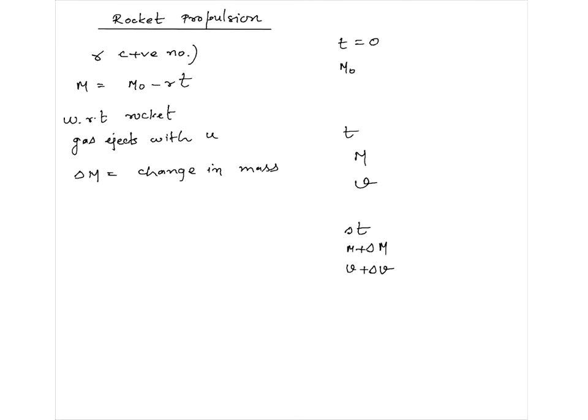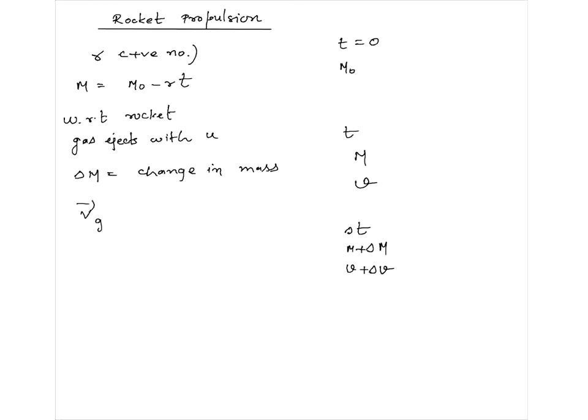Can't mix up things. So U, the velocity of the exhaust, is also required with respect to the observer under consideration. So what would be the velocity of the exhaust with respect to some stationary observer? It can't be U for sure.